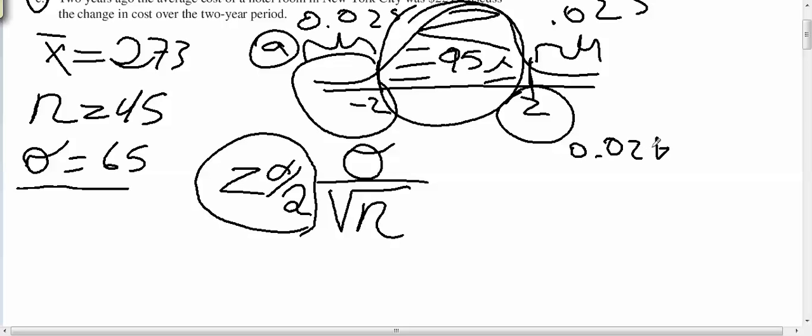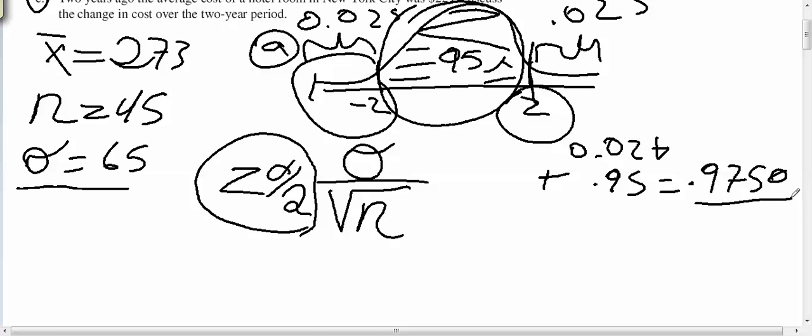That's 97.5%. That's the area from here to this z value.